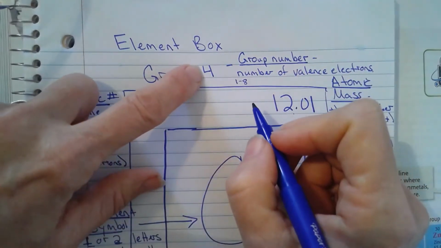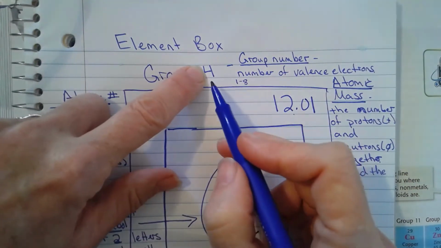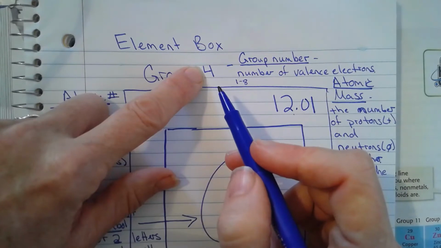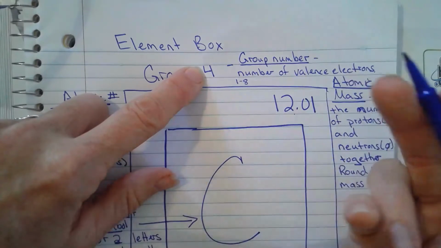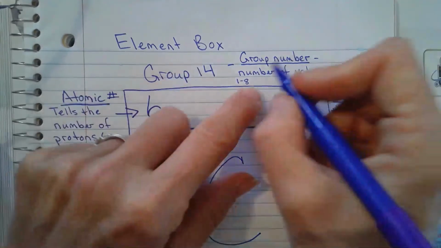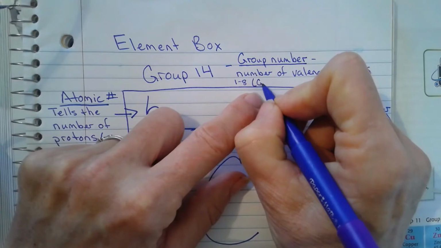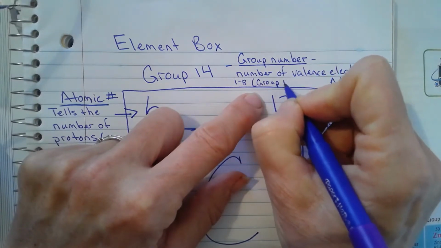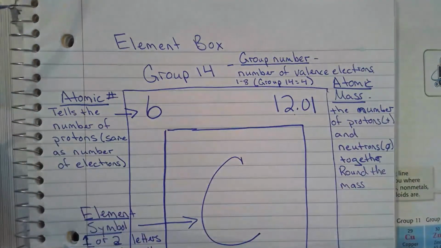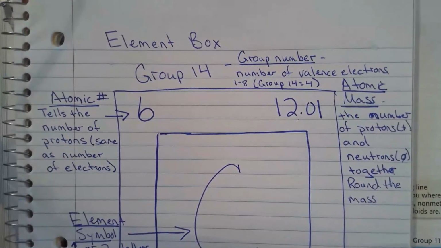So if there's a 1 in front of your number, if your group number is 14, you just cover the 1, and it means you would have 4 valence electrons. And then everything else is the inner electrons. So for this one, group 14 equals 4 valence electrons. Group 16 would be 6 valence electrons.